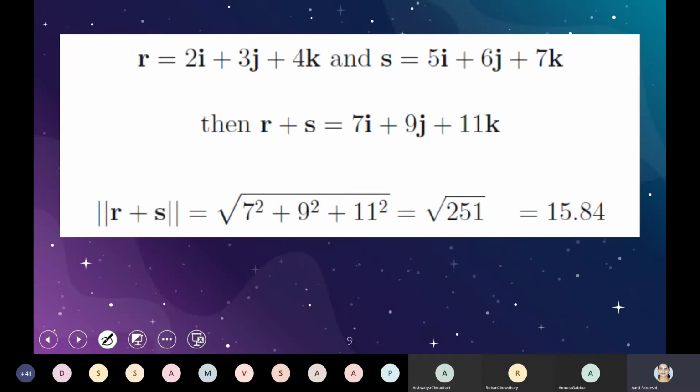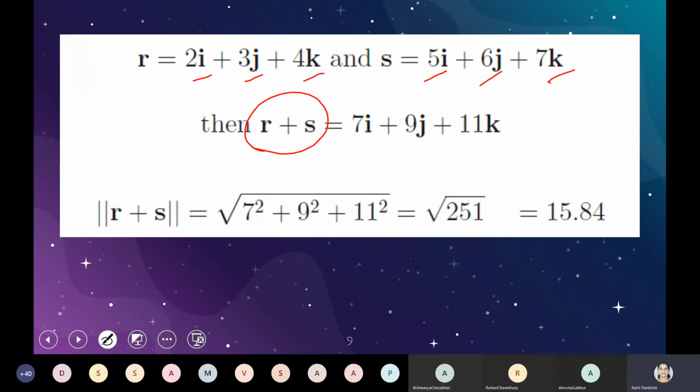Well, now you all write down this very simple example, and once you are done with the writing part, let me know that yes ma'am, done. This is R plus S. R plus S means what? Add the i magnitude, j magnitude and k magnitude.